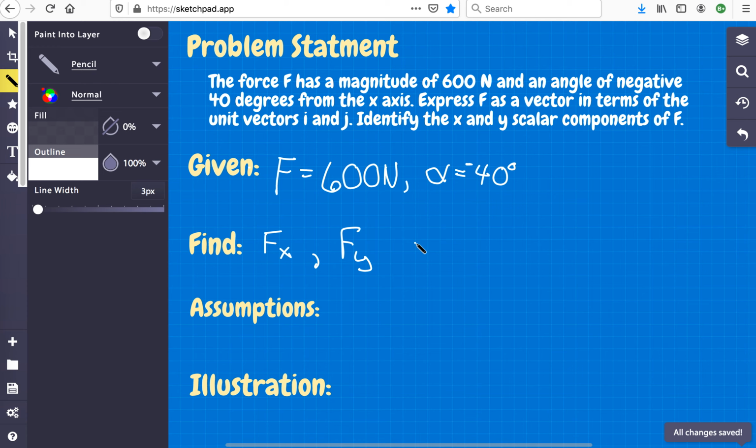So these are the unit vectors that we'll find, or the magnitudes of the expressed F. So we want to find the scalar components of F, so Fx and Fy. Fx is given to the i, and Fy is given to the j. Now, assumptions of this.